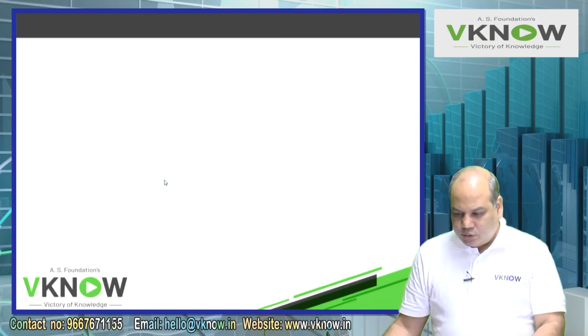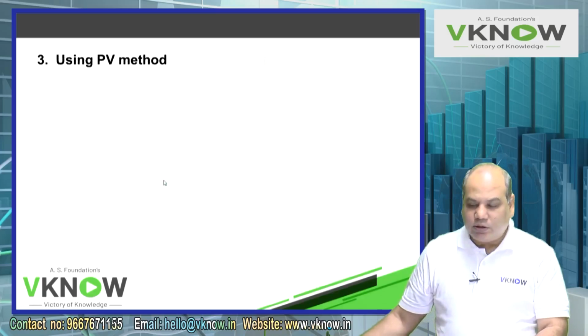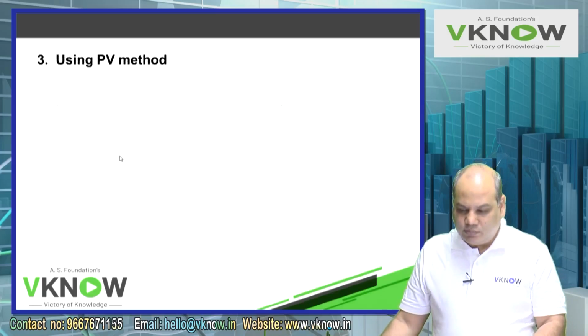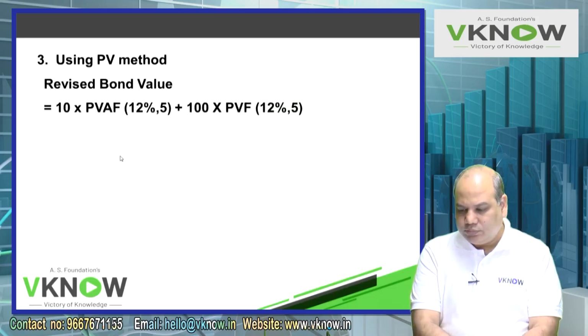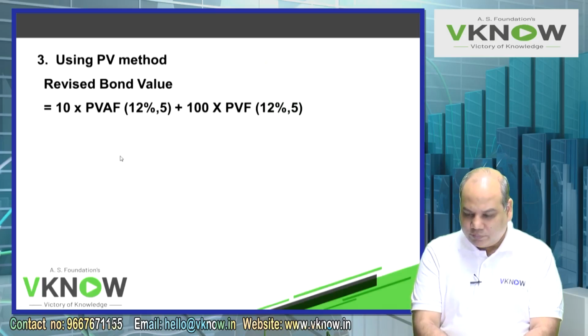And one more calculation is pending using the PV method. This will give you an accurate answer. Revised bond value will be equal to 10 rupees coupon into PV annuity factor into bracket 12% comma 5, plus 100 into PV factor 12% comma 5.